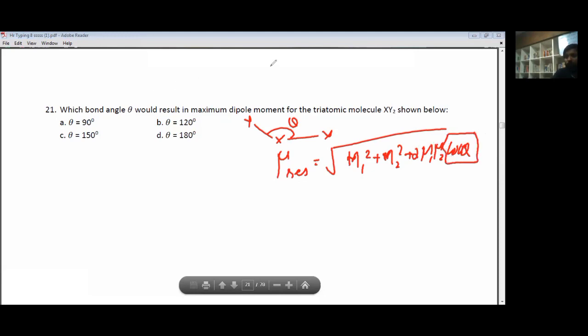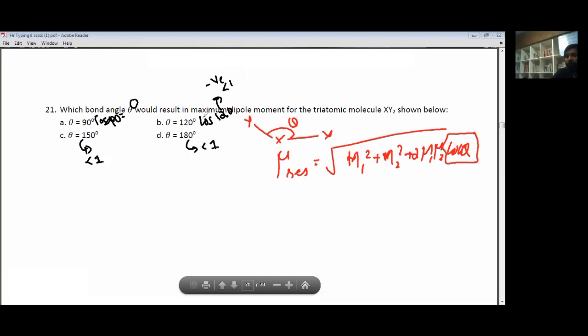If theta equals 90 degrees, cos theta equals 0. Cos 90 equals 0. Cos 120 will be a negative number, because in the second quadrant cos is negative. Cos 150 is also a negative value.